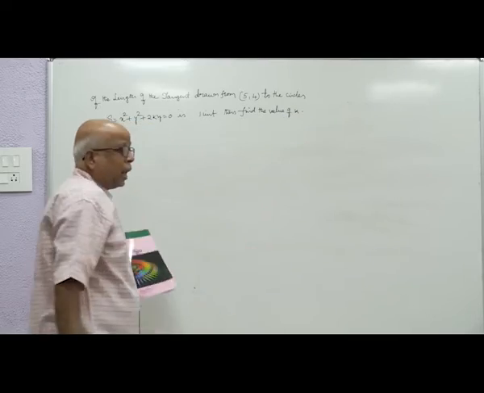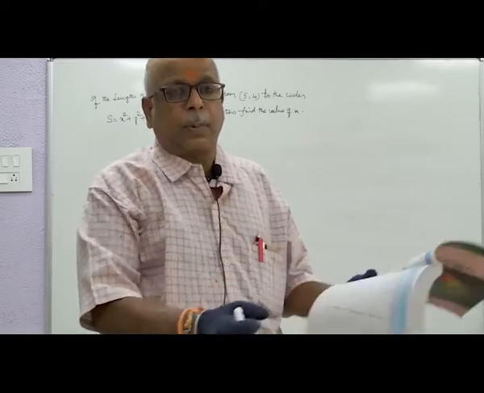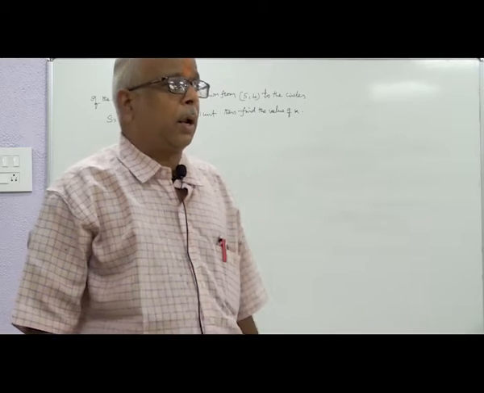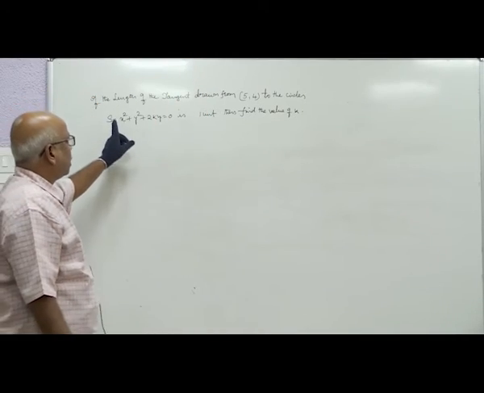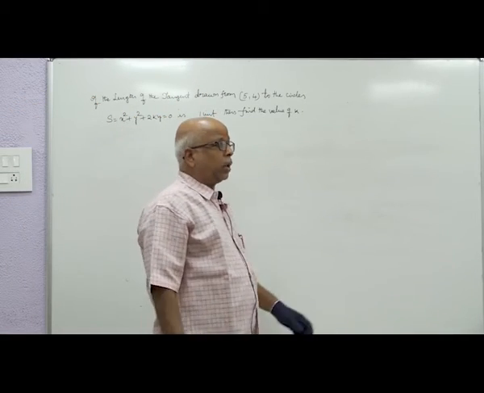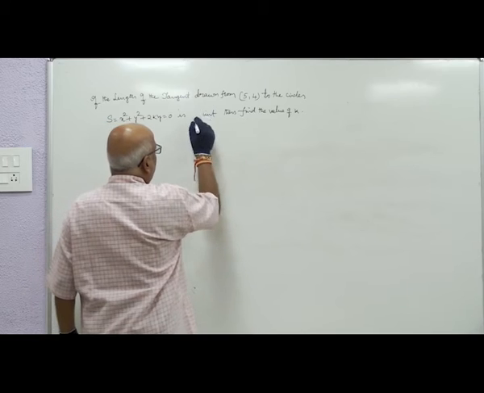Find the value of k. If the length of the tangent drawn from this point to the circle is 1 unit, then find the value of k.